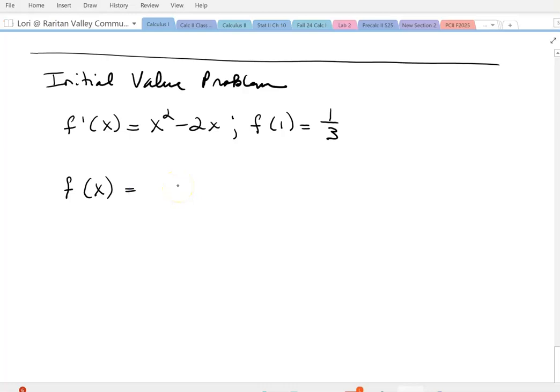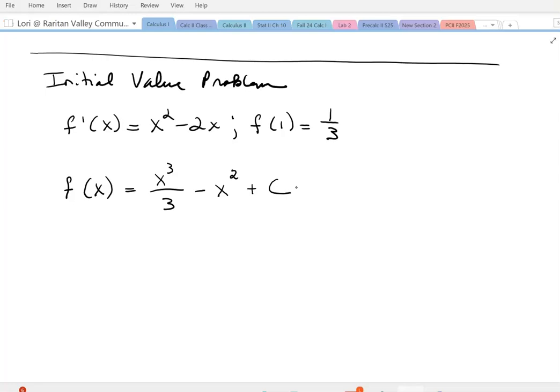So of course that's going to be x cubed over 3. And then we get 2x squared over 2. The 2's are going to cancel, so that's just x squared. Still plus c, because we don't know what that constant is yet until we use what we call our initial value.